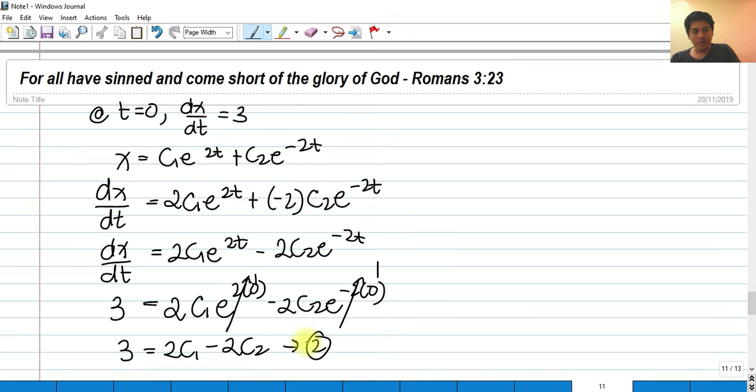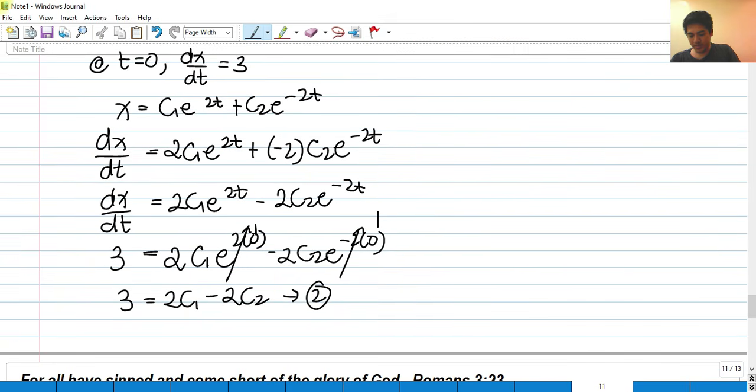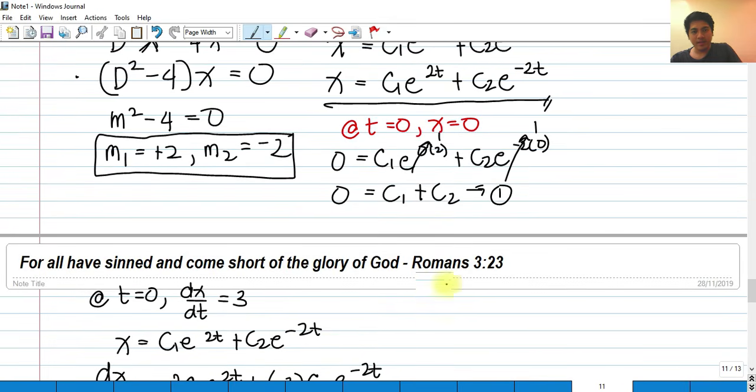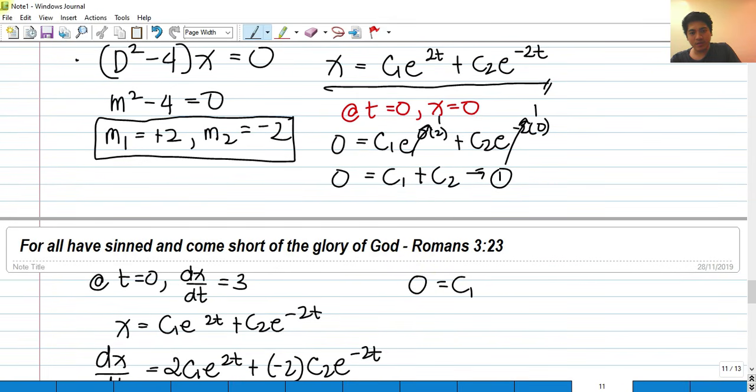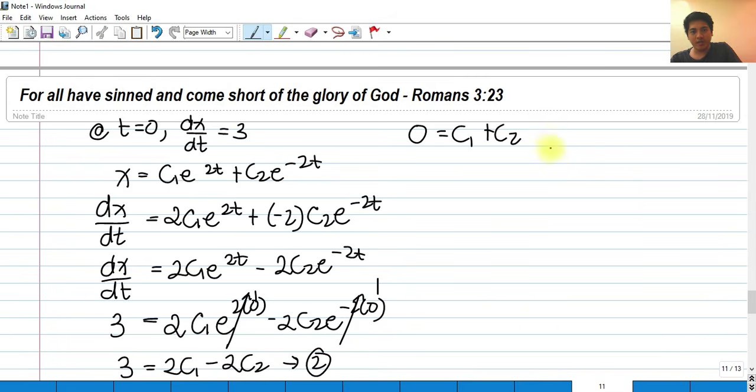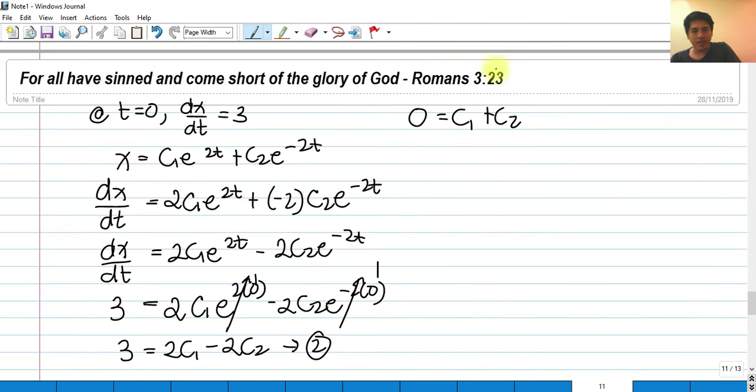So what we are going to do is, we have 0 is equal to c sub 1 plus c sub 2 as our first equation, and this is our second equation. I can get c sub 1, which is equal to negative c sub 2.